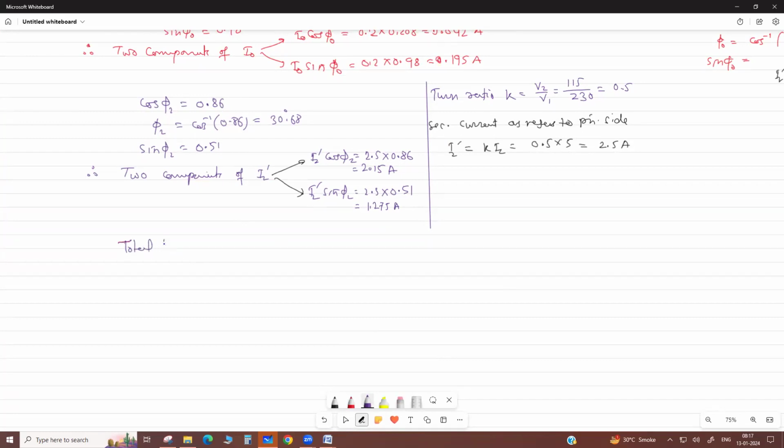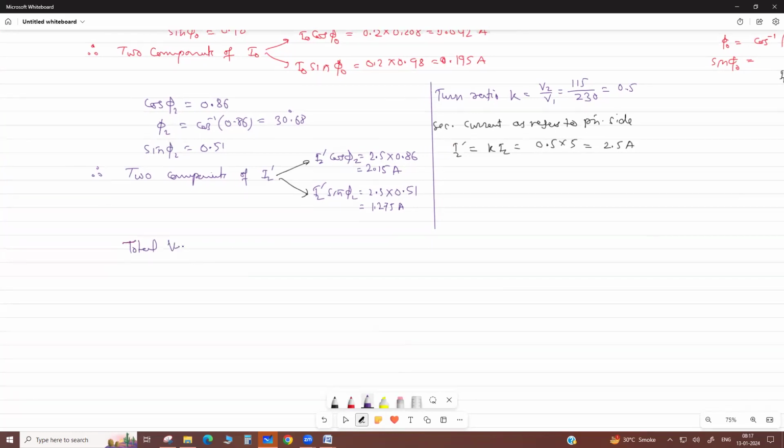Total vertical component, vertical means along the y-axis.